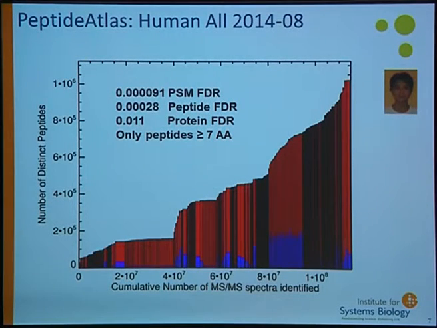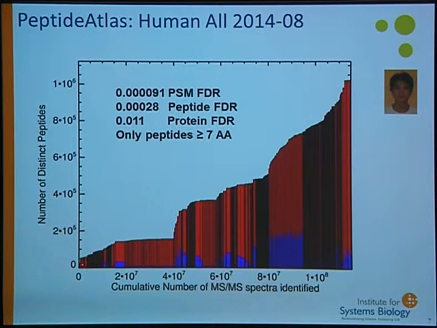This is an example of what happens when you build these peptide atlases over many years. This is what we call the human all peptide atlas, and so we bring together all of the human identifications that we have from mass spectrometry runs. In each one of these single bars is an experiment.